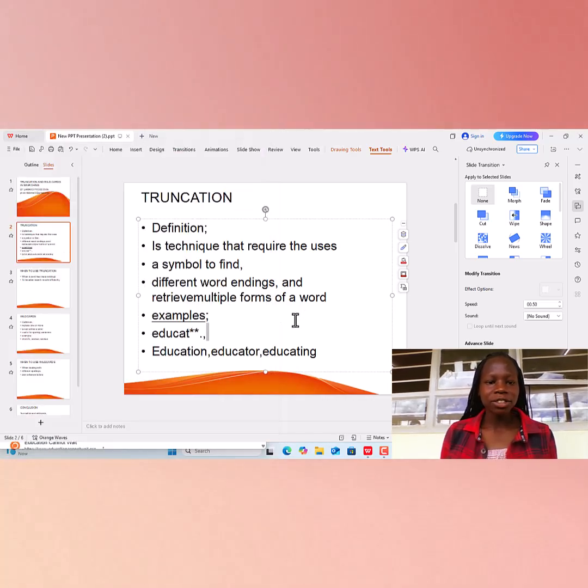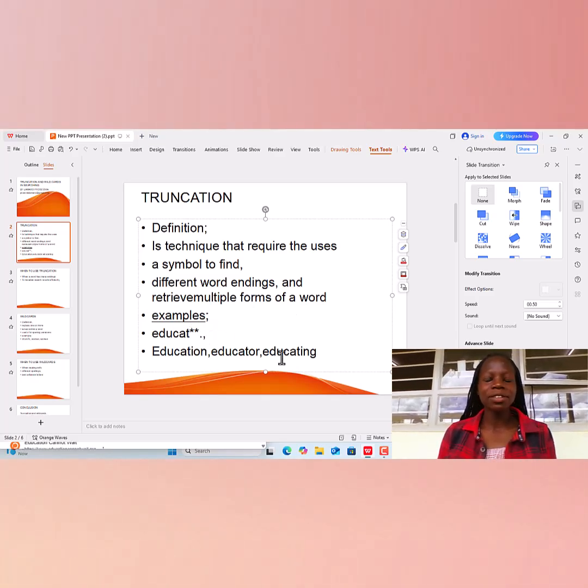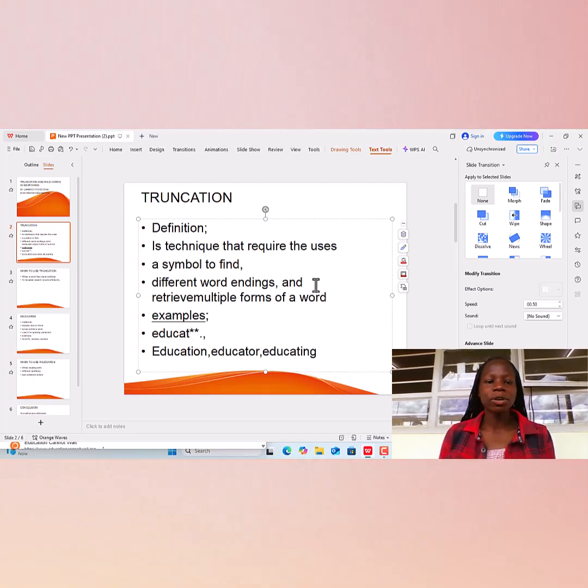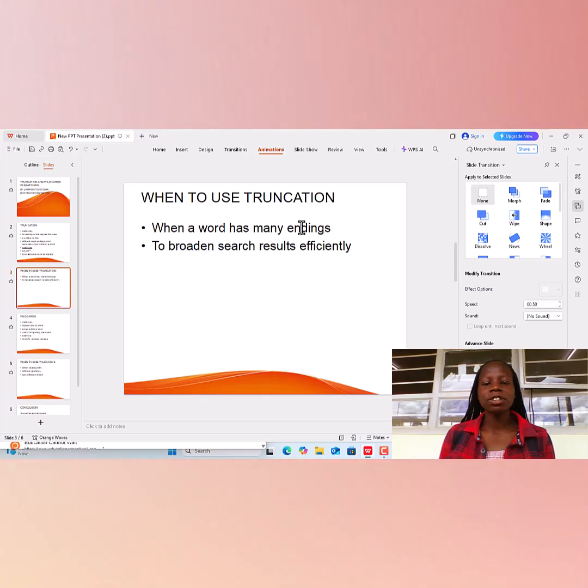So with truncation, you may just write a particular word to mean different words at the same time, as if you remove other endings, it's not going to affect the other words. So when to use truncation, I've already showed you. Use it when a word has many endings. For example, when you have education, you can just write educate, then you write the hash string.